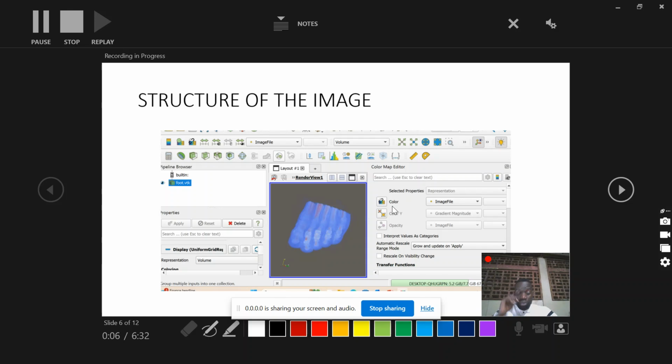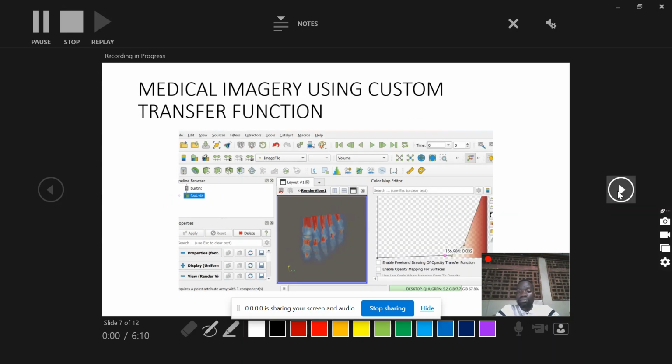The structure of the foot, this is how it looks. When I upload my image, this is how it will look. When I apply volume rendering properties, this is how it will look.